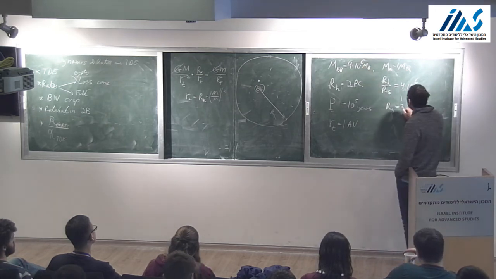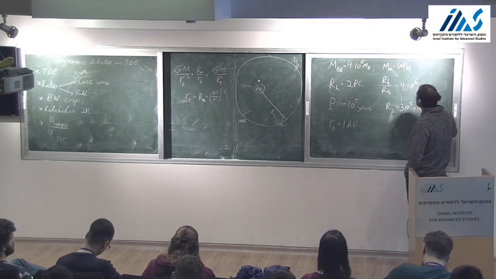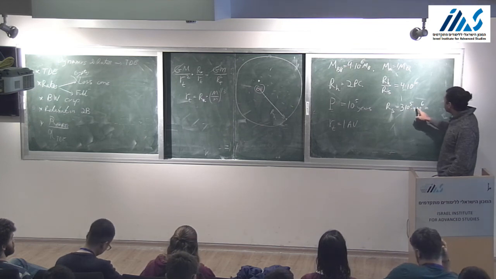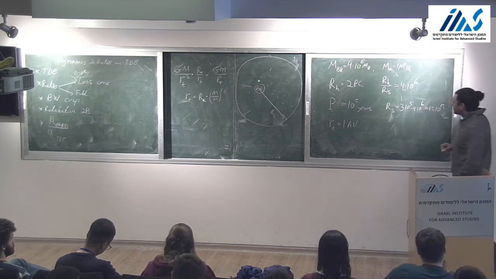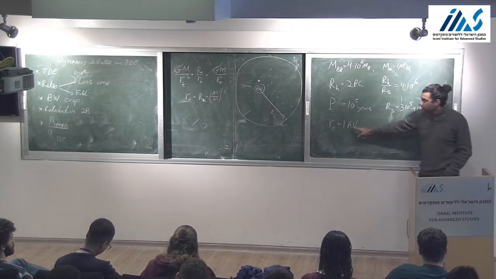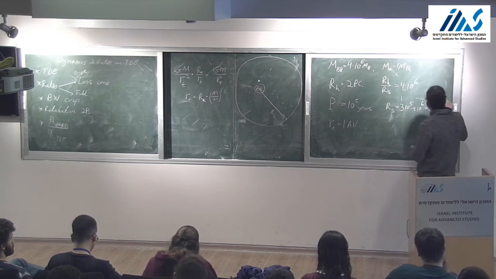Let's do the calculation, now in centimeters. What do I have? 12 times 10 to the 11. So about 10 to the 12, right? So that's 0.1 AU, 10 times smaller than this. So there's not much room between the Schwarzschild radius and the tidal radius for a solar mass star.